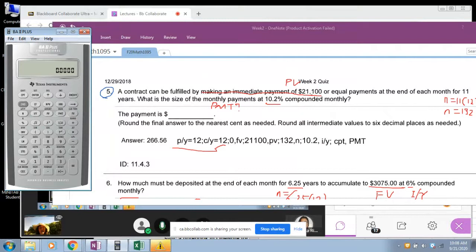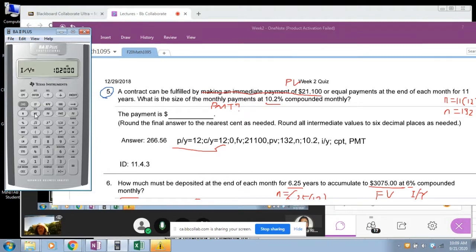So 21,100, that is the present value, PV. 132 is N. Interest is 10.2. 10.2 is IY, interest.